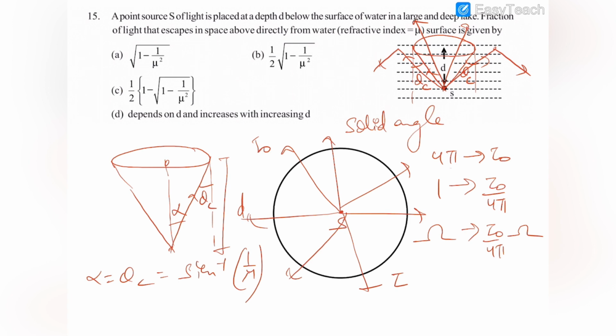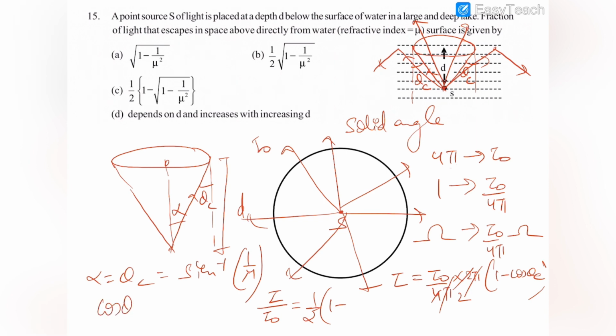So this intensity escaping out would be I naught by 4 pi into omega, where omega is 2 pi into 1 minus cos theta c. Cancelling pi with pi and 2 with 2, the fraction of intensity escaping, I by I naught, is equal to 1 by 2 into 1 minus cos theta c.